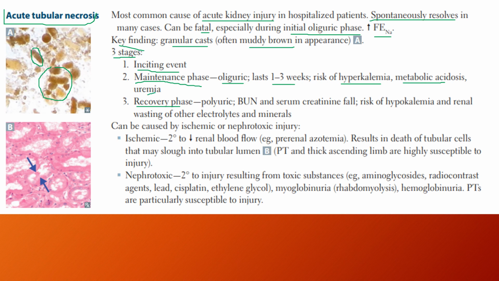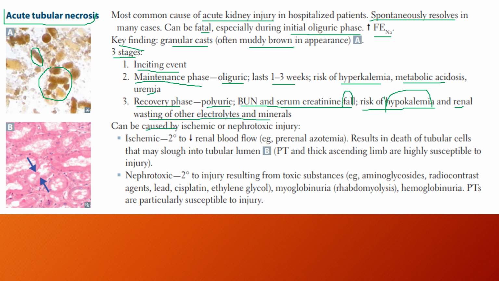In the recovery phase, it's polyuric, the BUN to serum creatinine ratio can fall, with risks of hypokalemia and renal wasting of other electrolytes and minerals.